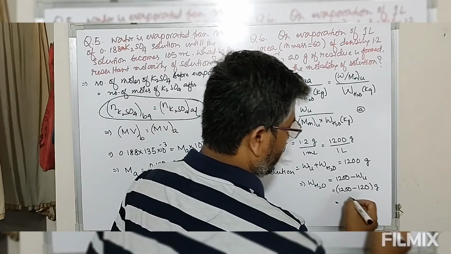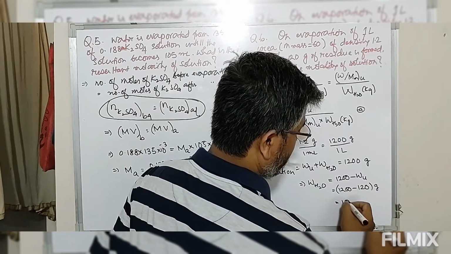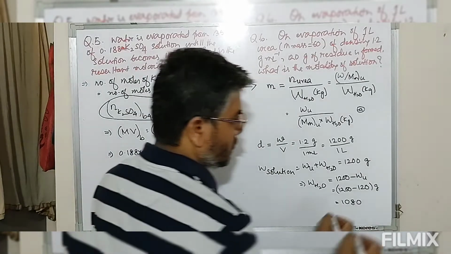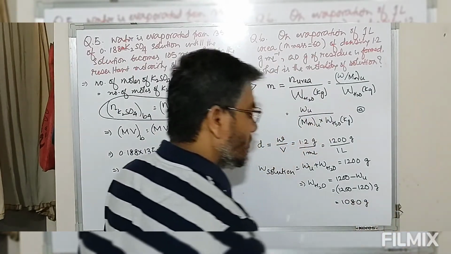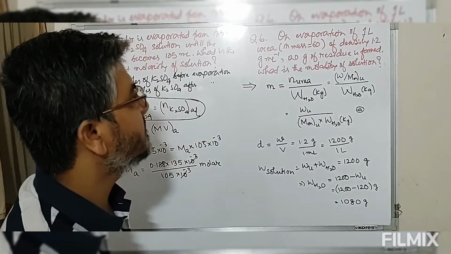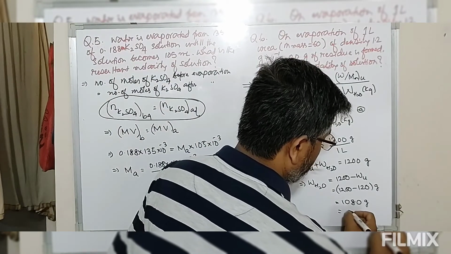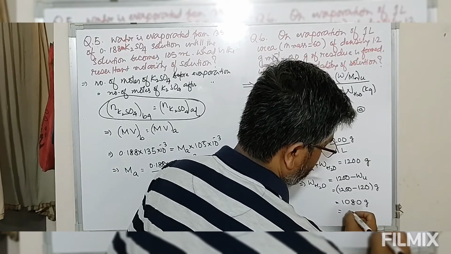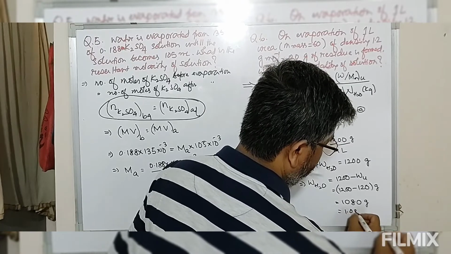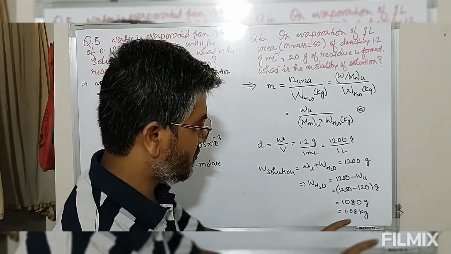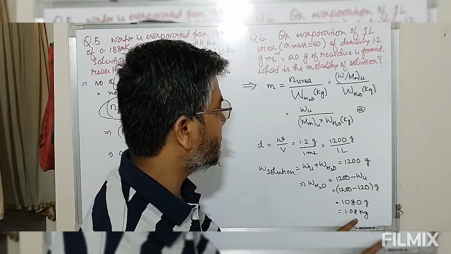So this comes out to be 1080 gram. So this much water is present. If this is the mass of water, so this is 1.08 kilogram. So we have mass of water to be 1.08 kilogram.